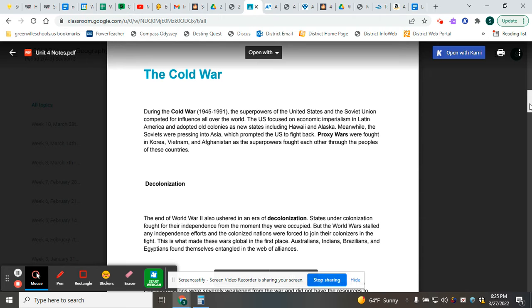Okay. In fact, the only non-puppet communist government in Eastern Europe during the entire Cold War was Yugoslavia. And we're going to talk about Yugoslavia later on. But if that ever comes up, just note that Yugoslavia, while it was a communist Eastern European country during the Cold War, was not in cahoots with the Soviet Union.